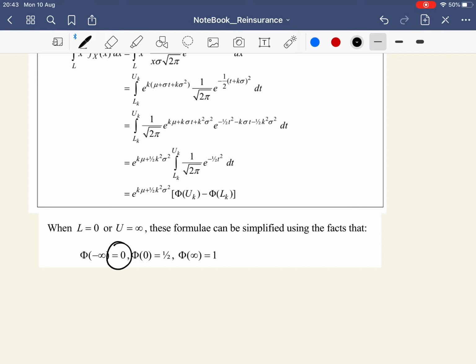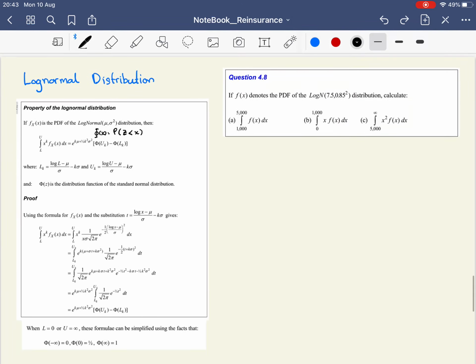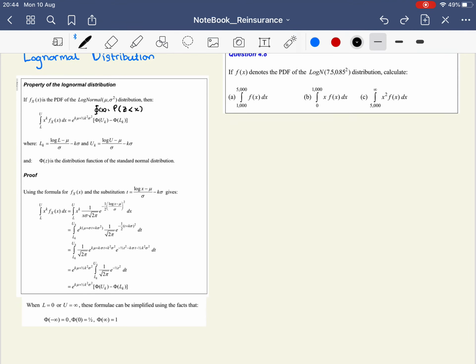Because there is none of the area under the normal curve. And then phi of 0 is a half, because we have the symmetric property of the normal distribution. And lastly, phi of infinity, which is the whole area under the normal curve, will give the value of 1.